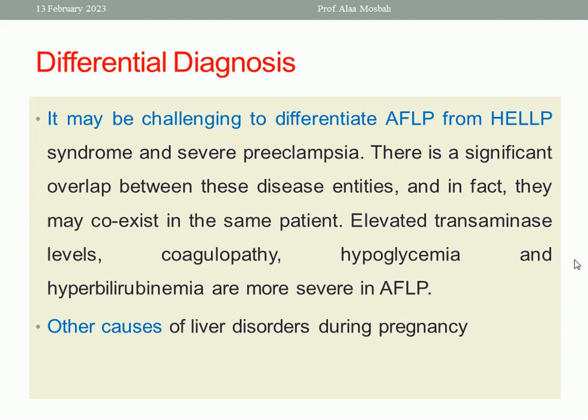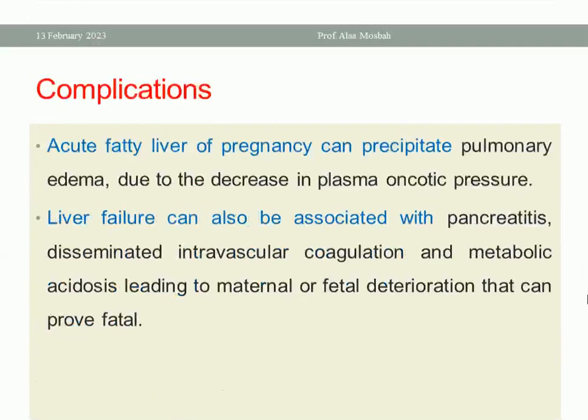Of course, differential diagnosis from other causes of liver disorder during pregnancy, like viral hepatitis, drug-induced, autoimmune hepatitis, intrahepatic cholestasis. All of these liver disorders during pregnancy you should rule out before reaching your diagnosis.